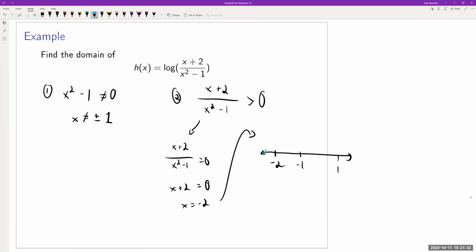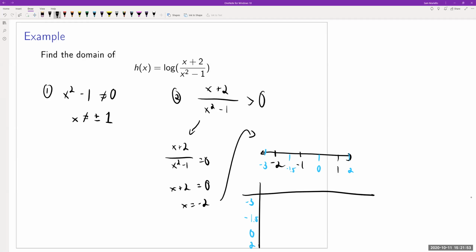And we will use some test values. Here, I like using a table of test values. I think it will end up making our task much simpler. So we'll have -3, -1.5, 0, and 2.